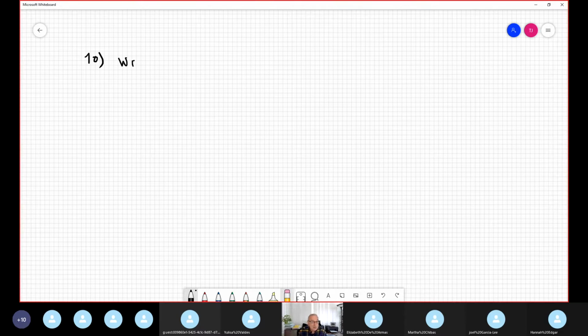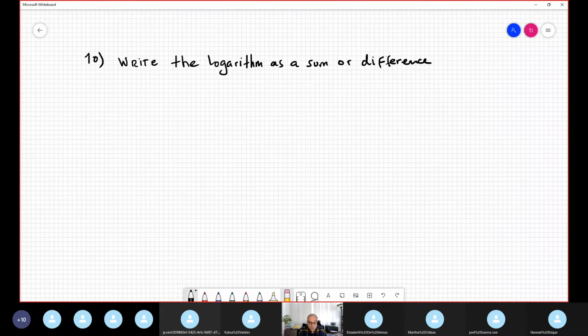write the logarithmic, as, well, no, it's not plural, it's only one, as a sum or differences of logarithmic.